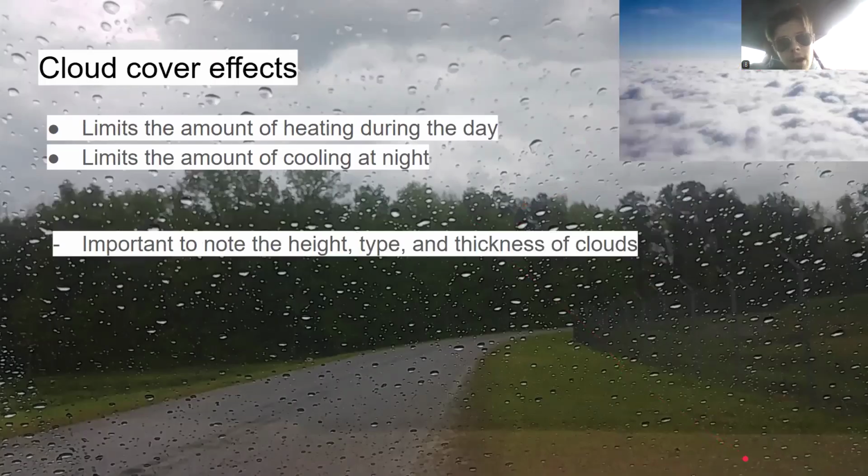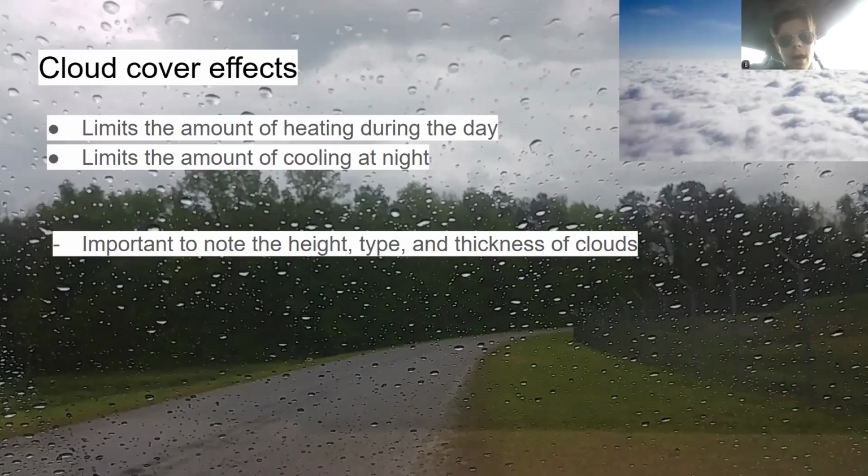So you want to think about how cloud cover is going to affect things. If you have cloud cover, it is going to limit our diurnal processes, which are the fact that we get obviously warmer during the day due to the sun's radiation and the earth radiating that, and then of course we're going to cool at night.